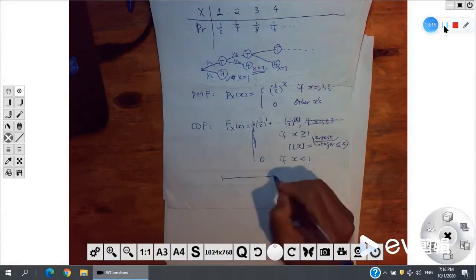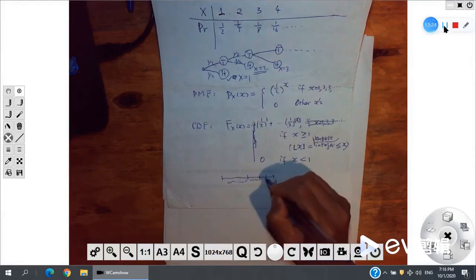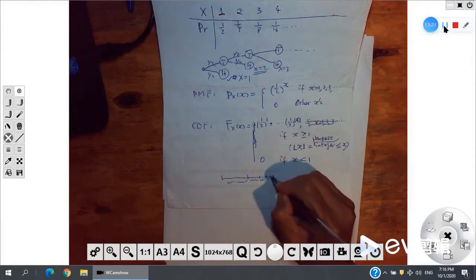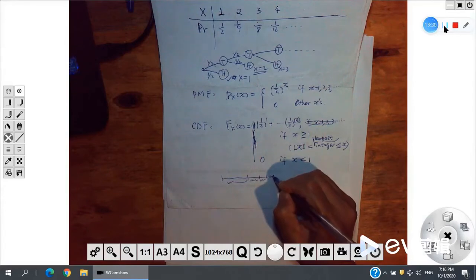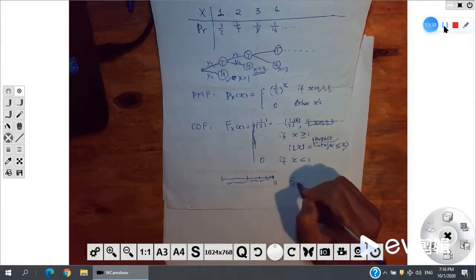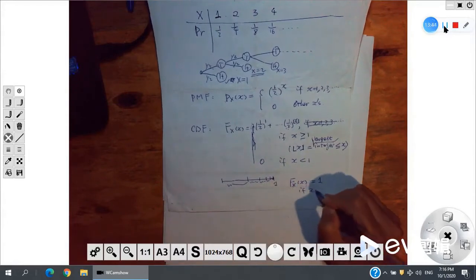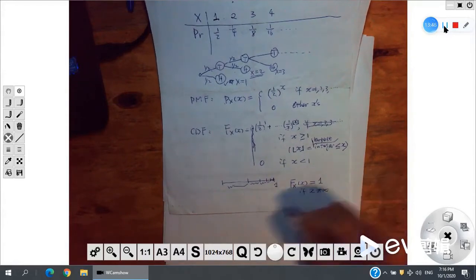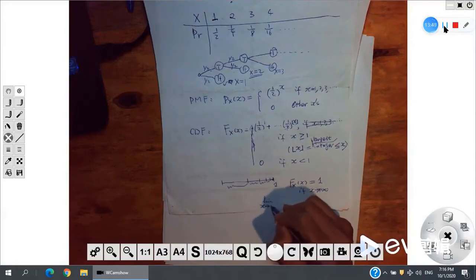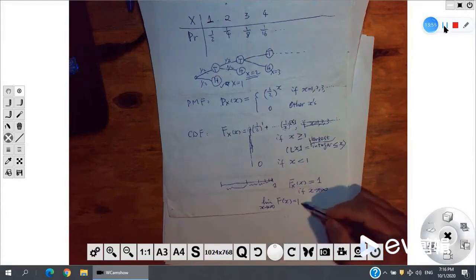You have 1/2 plus 1/4 plus 1/8 plus 1/16, each time plus half and half and half more, and the limit is just 1. So we have F_X of x equal to 1 as x goes to infinity. You can write it this way: the limit as x goes to infinity is 1. This is one of the properties we just stated, right?